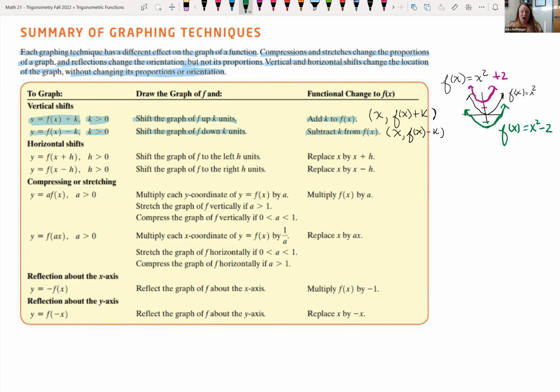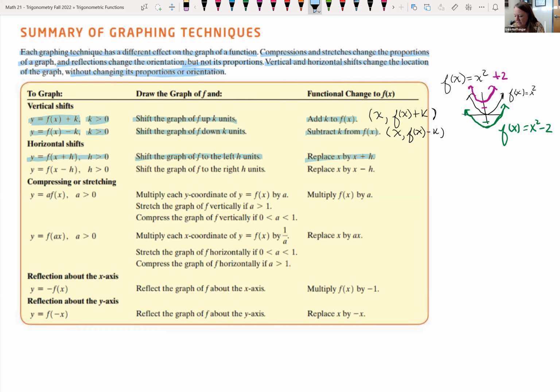If the constant that we're adding is actually inside the parentheses, so basically you're adding a number or subtracting a number to your value of x, and then plugging it in wherever you see an x in our function to get our y value. So they're saying if y is equal to f of x plus h, where h is bigger than 0, this shifts the graph to the left h units.